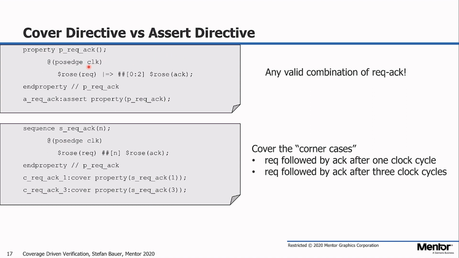We check at each positive edge of the clock if the request signal goes high. If the request signal goes high, I'm waiting another clock cycle and check if the acknowledged signal follows. That's exactly what I showed you on my previous slide. Request signal goes high, within 3 clock cycles the acknowledged signal must follow.